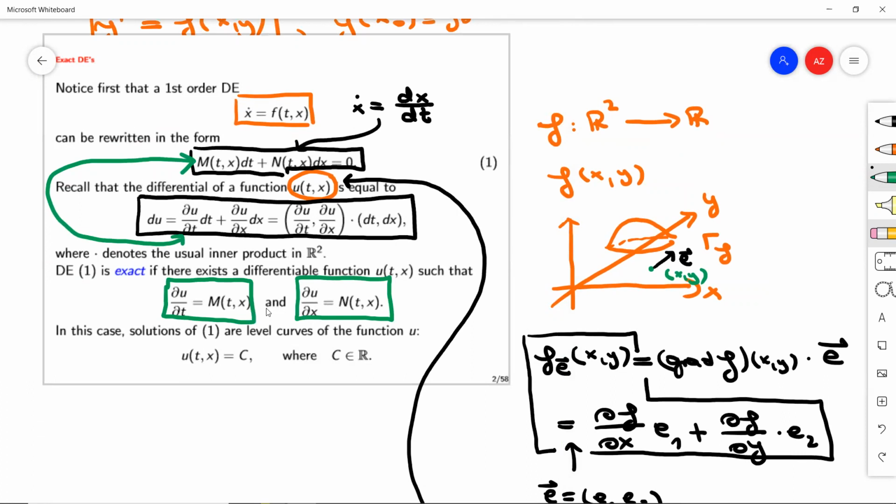So if we can find such u which satisfies those two conditions in green boxes, then this equation 1 implies that the differential of u is equal to 0.